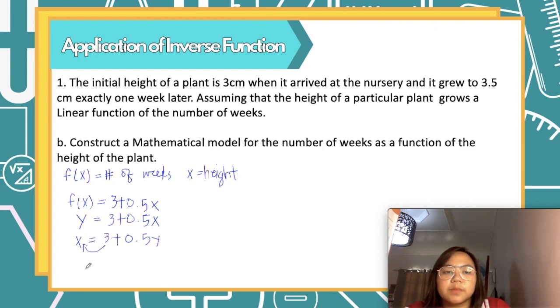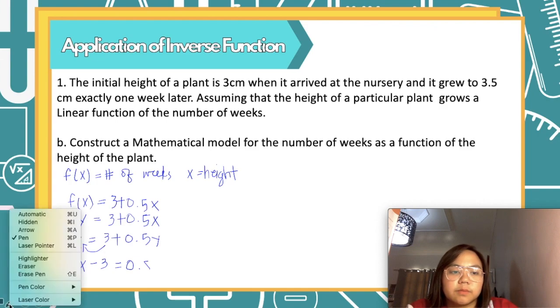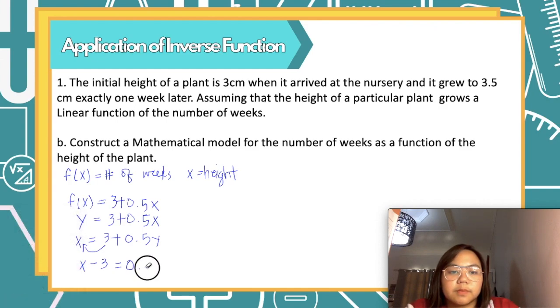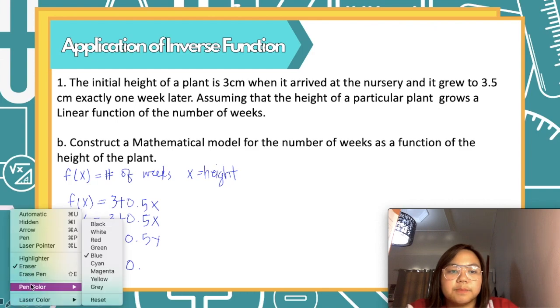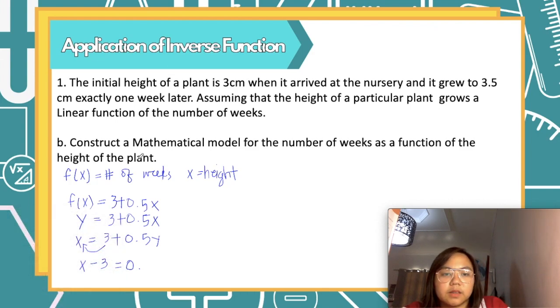So this will be x minus 3 is equal to 0.5y. Okay, and then the next thing that we will do to solve for y is to divide both sides by 0.5. Okay, divide both sides by 0.5.